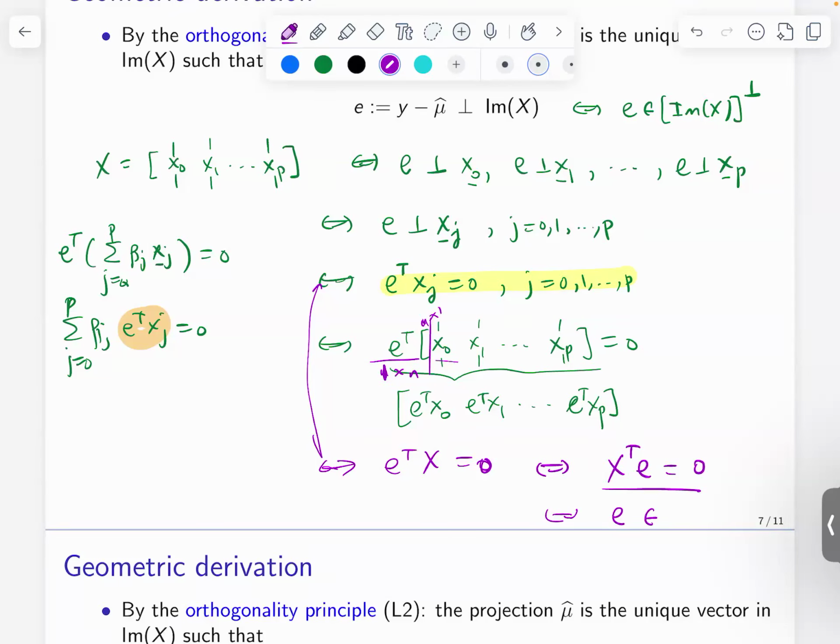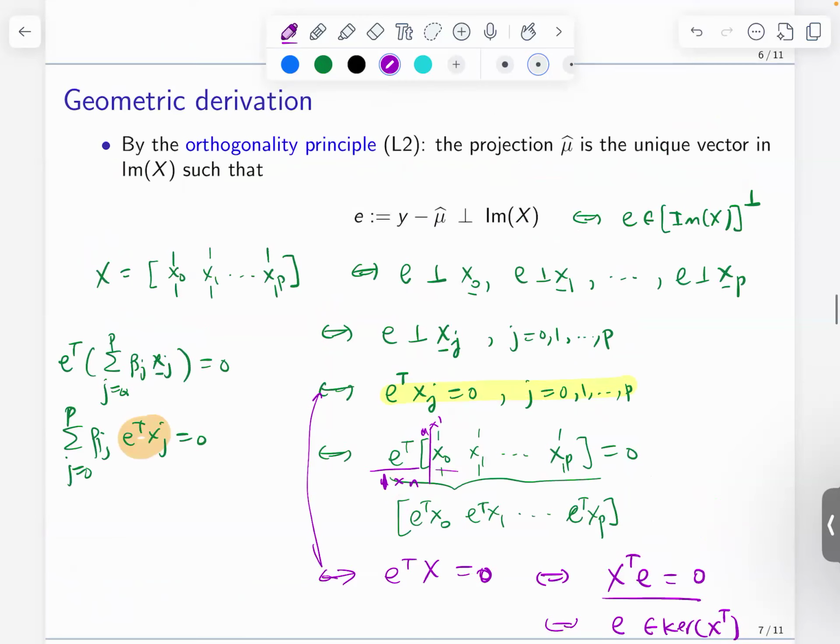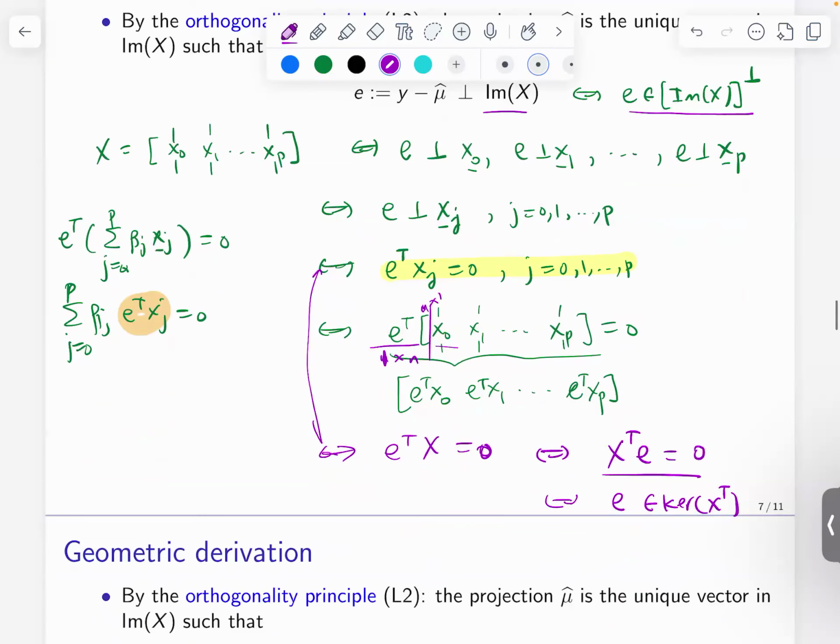By definition, E belongs to the kernel of X transpose. This is the definition of the kernel. So we started with something orthogonal to the image. By definition, it belongs to the image perp, and we showed that E being a generic vector in the image perp is equivalent to E being in the kernel of X transpose. So we also proved this statement, which I promised to prove.